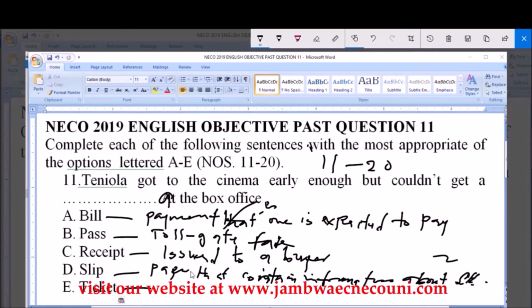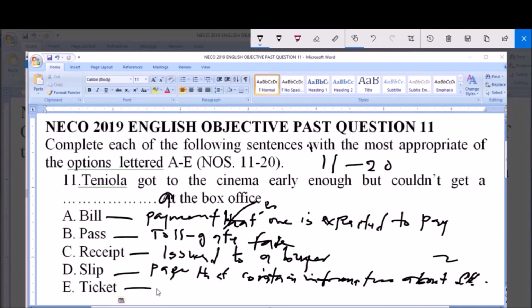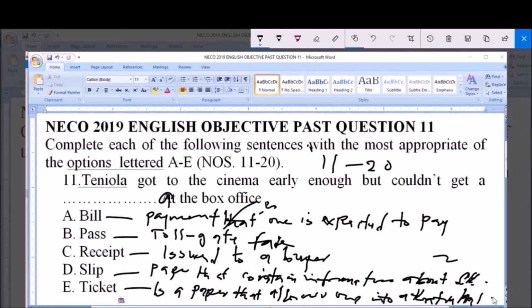Then ticket is a short paper that allows one into a theater hall.